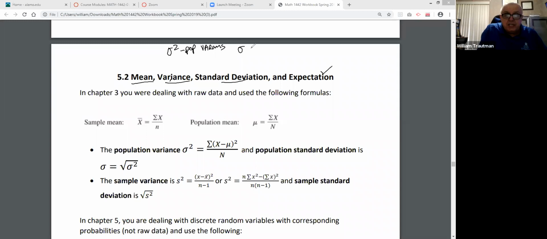And this is population standard deviation. This is sample standard deviation, and this is sample variance.